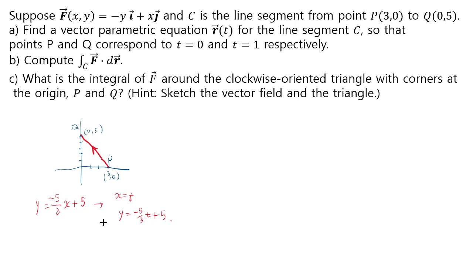You start at 0, 5, and only when t is 3 you reach 3, 0. So although this is a possible way to parametrize, you have to reparametrize this, and that's more confusing. Okay, so let me show you a better method.